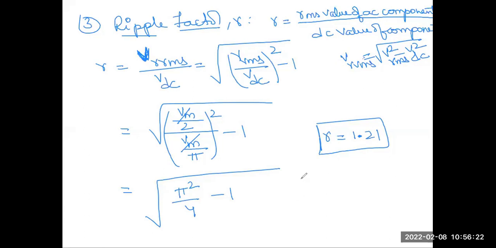That is what we need to understand by the ripple factor. These are the disadvantages we see in half wave, and to overcome them we have gone for the other versions of rectifier, which are full wave, both bridge and center tap. So this is about the third parameter, the ripple factor, which is 1.21.